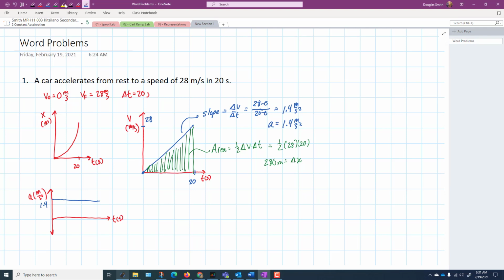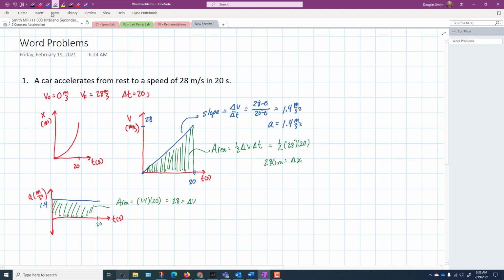And I could even go like this. I know that, and this is 20. And that area is 1.4 times 20. That is 28, and that's the change in velocity. Sweet. That's everything you could possibly do for that question, I think.